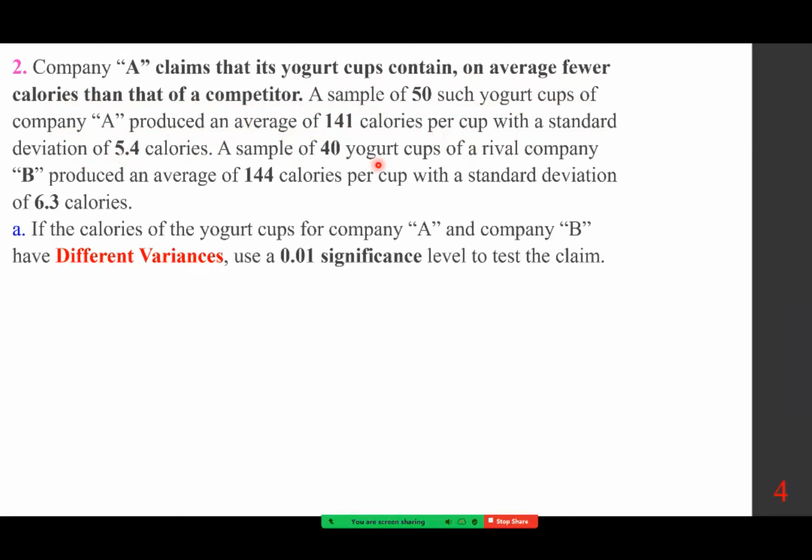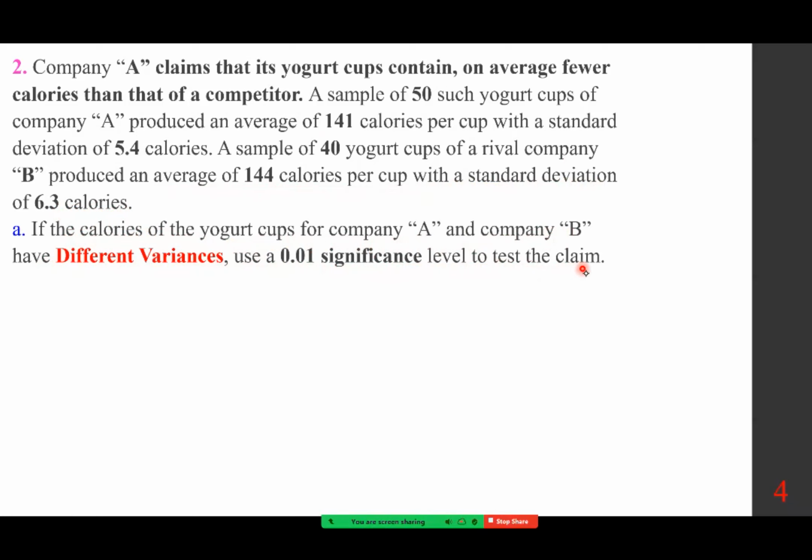A sample of 40 yogurt cups of a rival Company B produced an average of 144 calories per cup, with a standard deviation of 6.3 calories. If the calories of the yogurt cups for Company A and Company B have different variances, use a 0.01 significance level to test the claim.